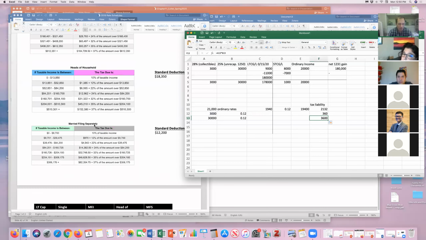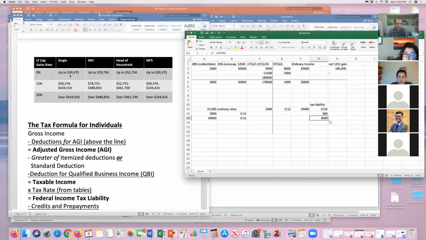So I want to go to this table, and I had to figure out where to start. This is a little tricky. Where I start is I want to take all the income that's been taxed at ordinary rates already. So for this problem, all of my income so far, even these gains, got taxed at ordinary rates.